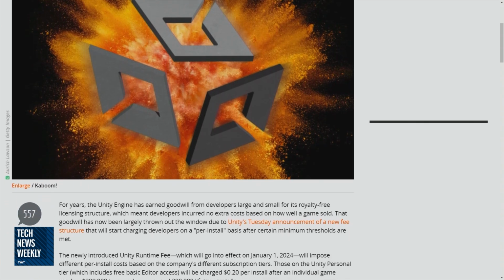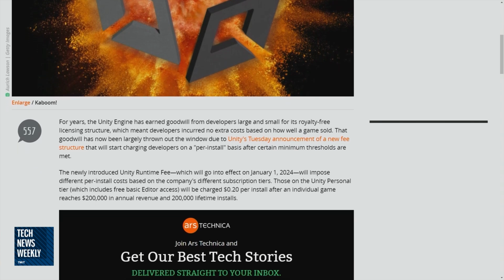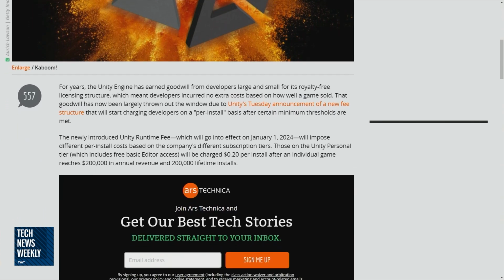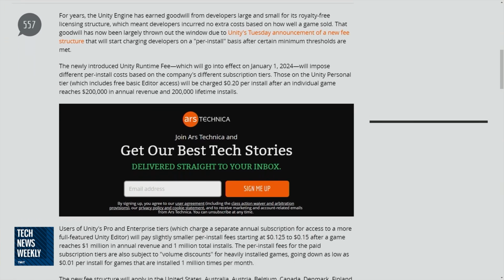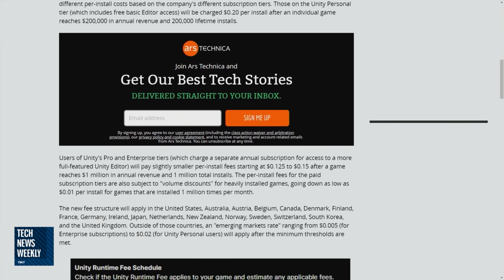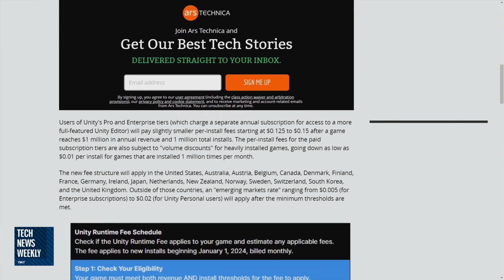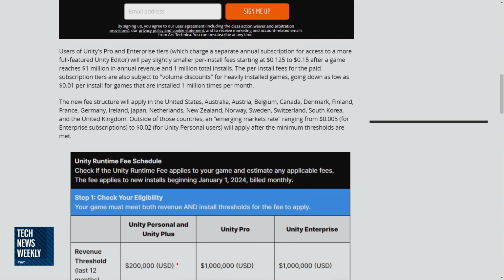Now, this is kind of unique in the industry. There are revenue shares all over the place, Steam, Unreal, like we talked about. Paying per install is not really something that's ever been done. Unity says they have this unique algorithm that can track how many times your game is installed without actually using any privacy invading phone home technologies.